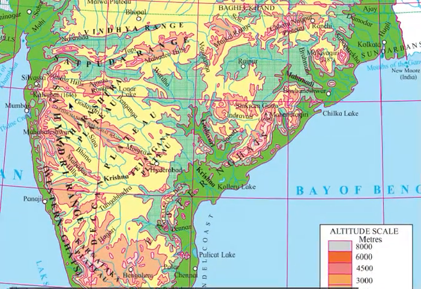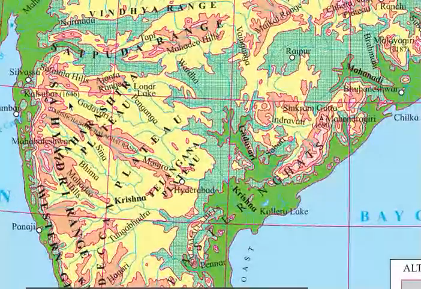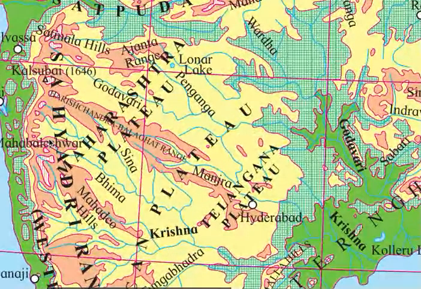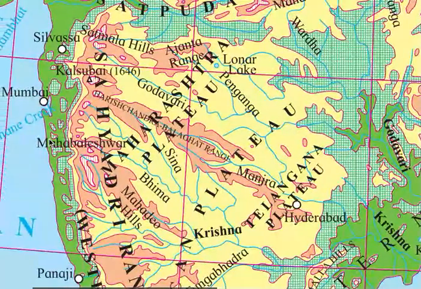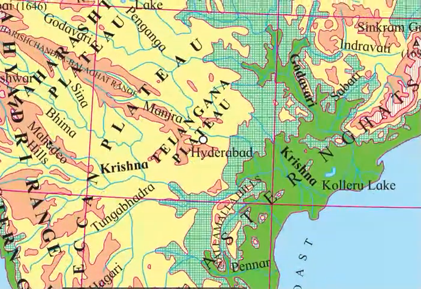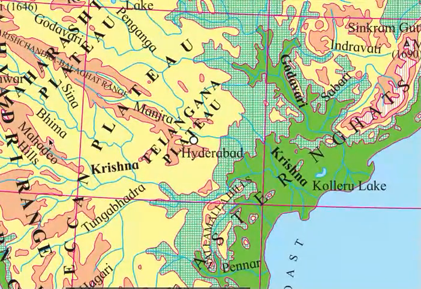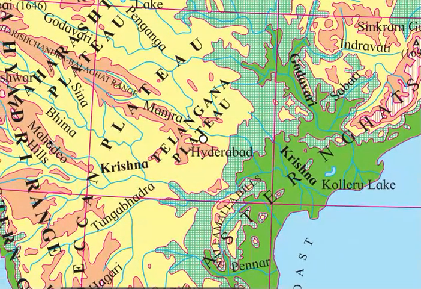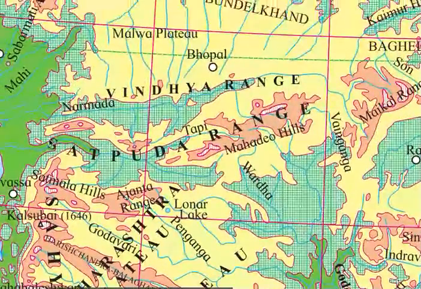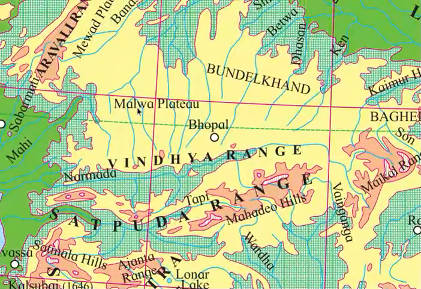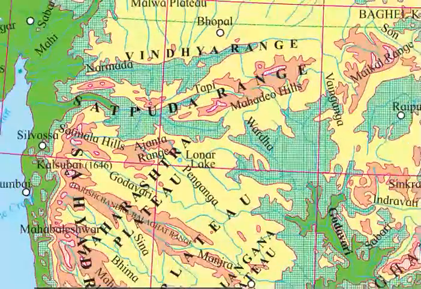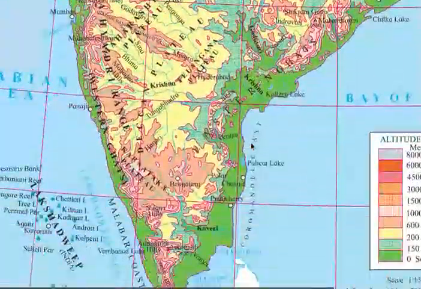Between them you can write the Maharashtra plateau, Satna hills, Malwa plateau and Mewada plateau. These two, Malwa and Mewada plateau, you can write over here.